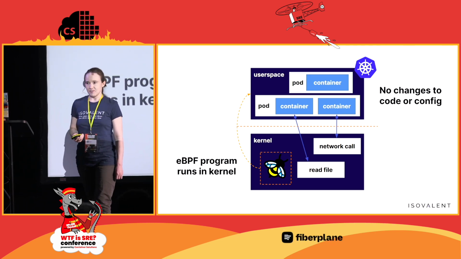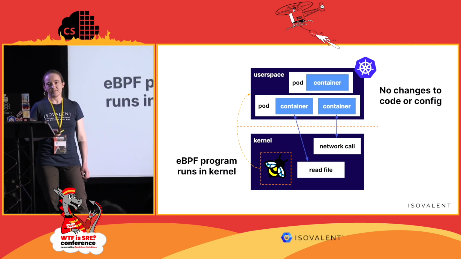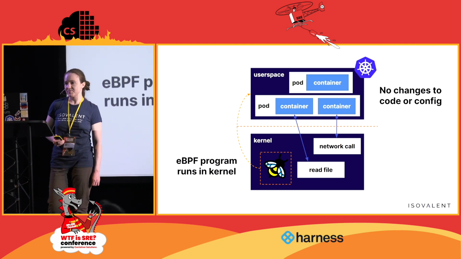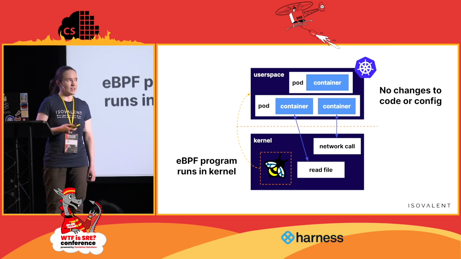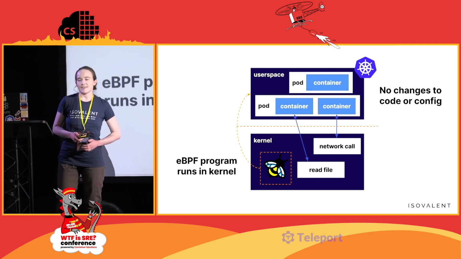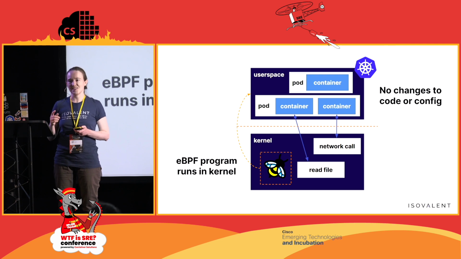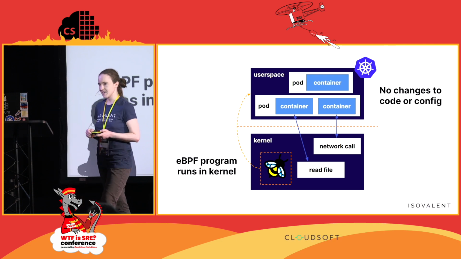So it doesn't matter for an eBPF program what user space application really triggered that event. And because it's running inside the Linux kernel, it doesn't have to do all these hops between kernel and user space to do useful things.